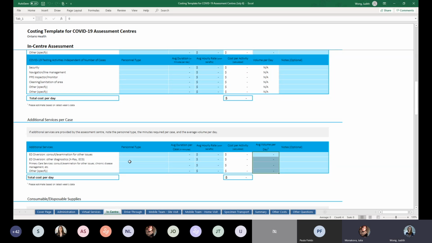and while you're doing so, and before I read the next question, I just also want to emphasize that if your resources are shared between the two models of care, then do your best to split those resources.